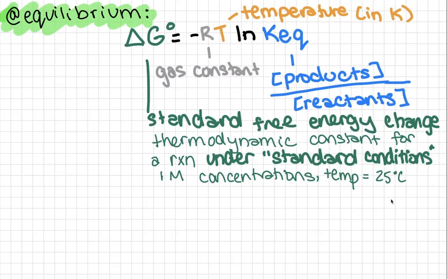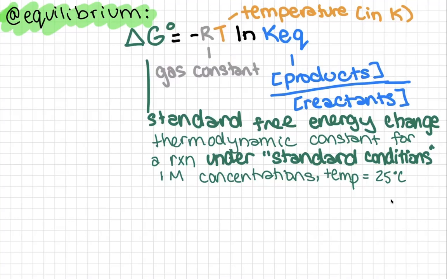But this is only true for the certain temperature that it was measured at. So if you have something at a different temperature, you can take the temperature into account through this equation. And the R is just the gas constant. So that's how you get this equation.